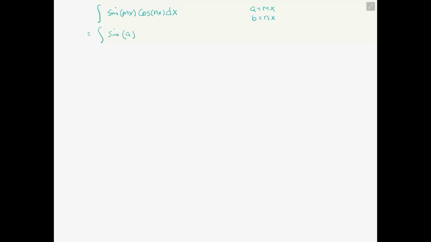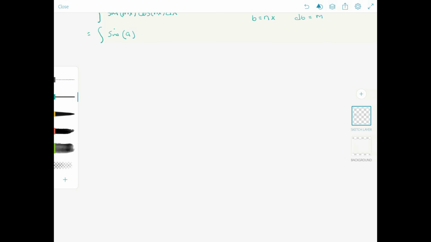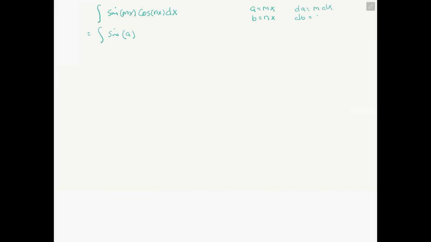So we got sine a, and dA equals m dx, and dB equals, whoops, not m, n dx.